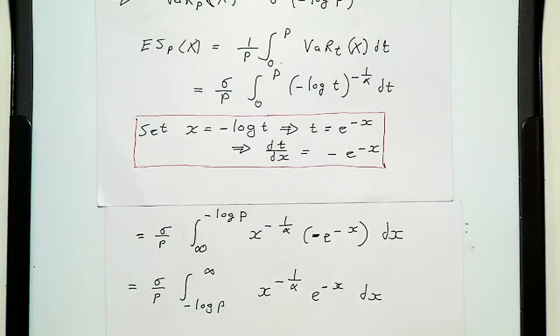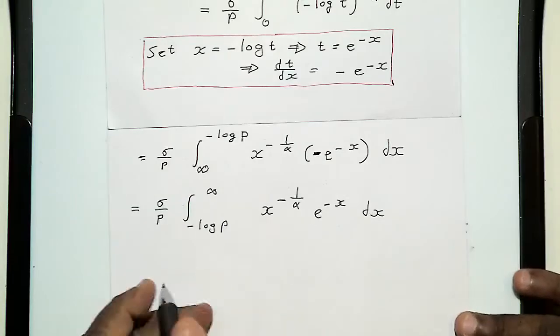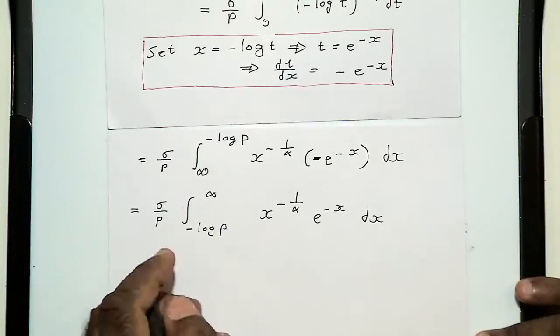Now this is where you need to use a special, non-standard function. I think I mentioned this last time. There's something called the incomplete gamma function, which is defined as follows.